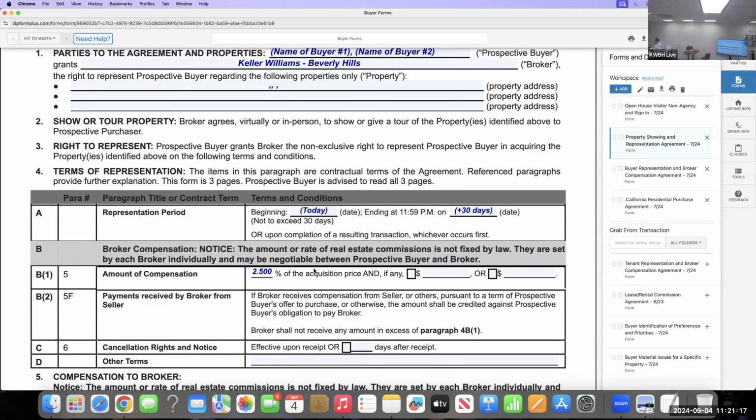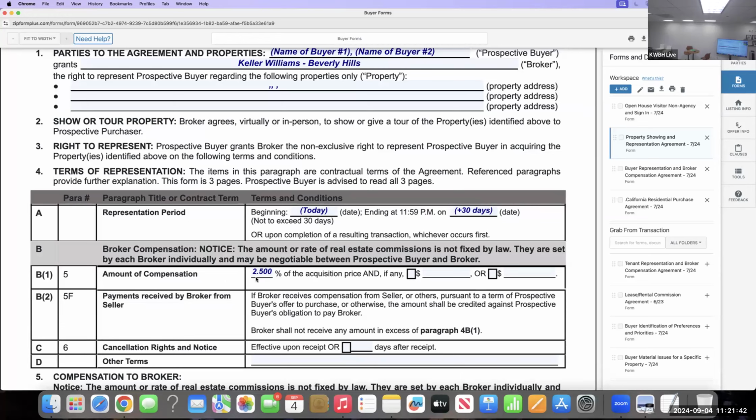Can the buyer say, okay, I will sign this, but I only want you to put an office number if the seller pays the commission? The only danger here is you have to have a number here that you're happy to get.